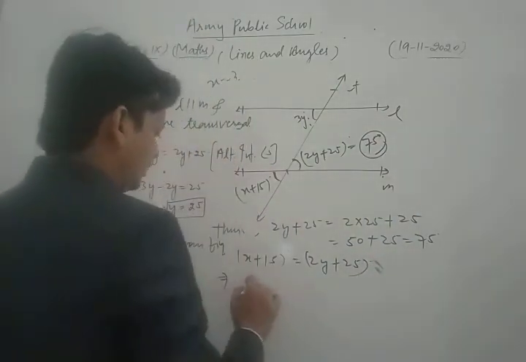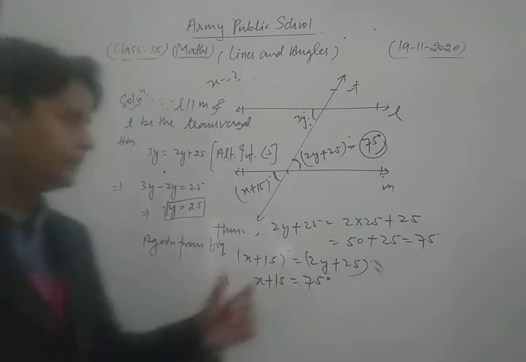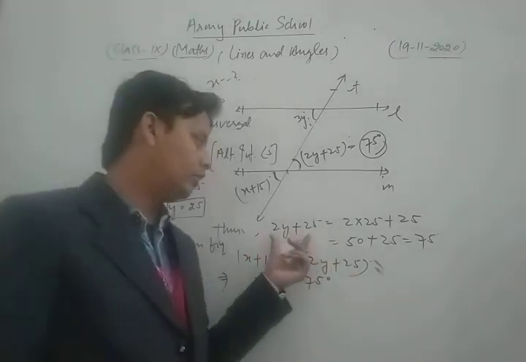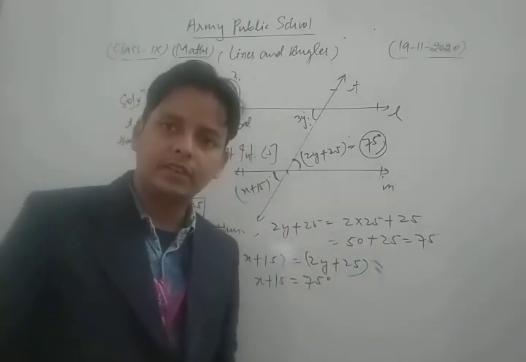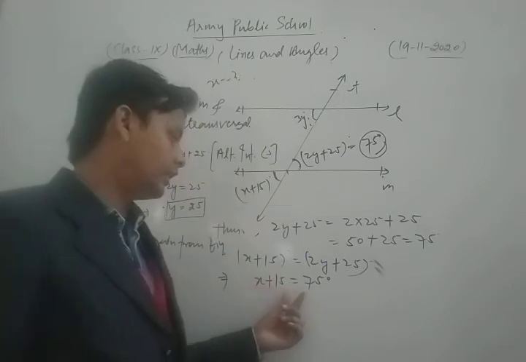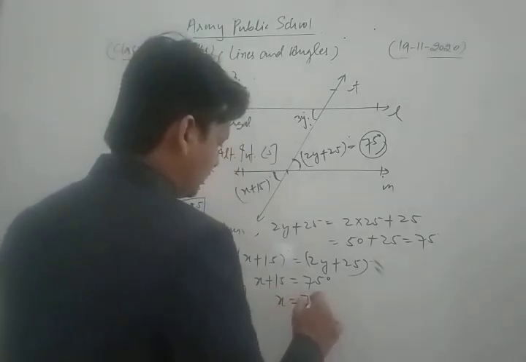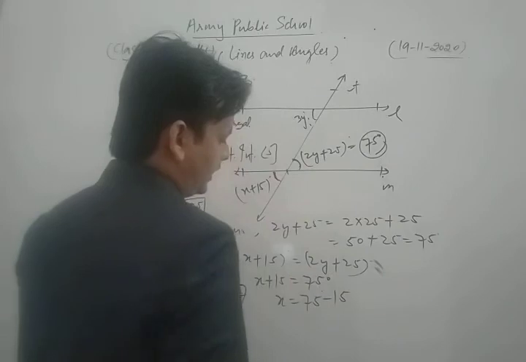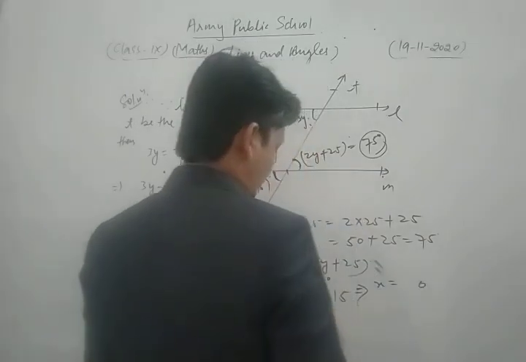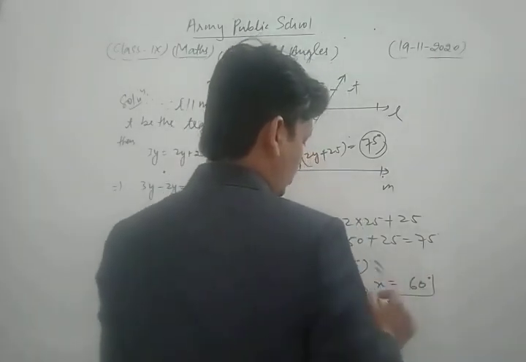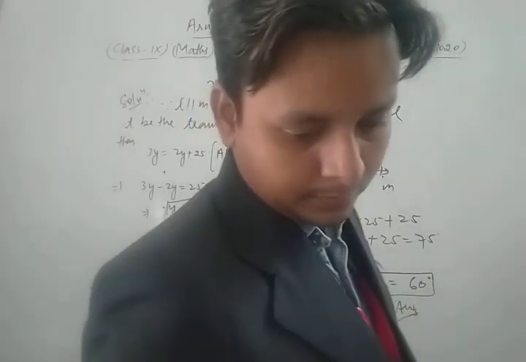So x plus 15 is equal to 75. From there, x is 75 degrees minus 15 degrees, that is 60. So the value of x is 60 degrees.